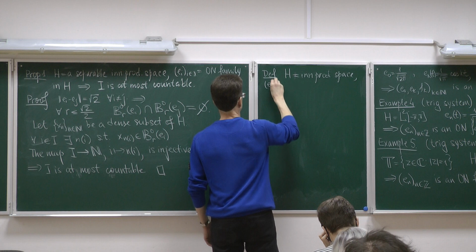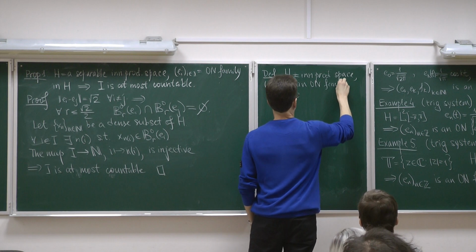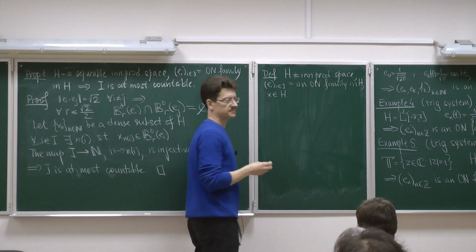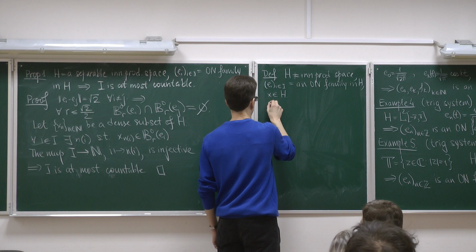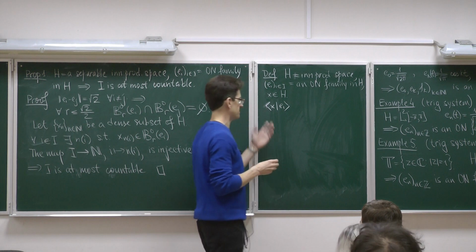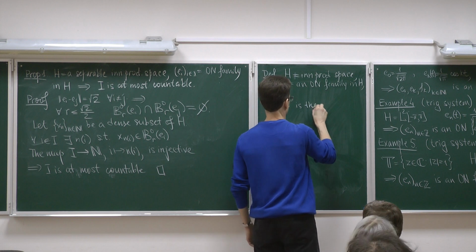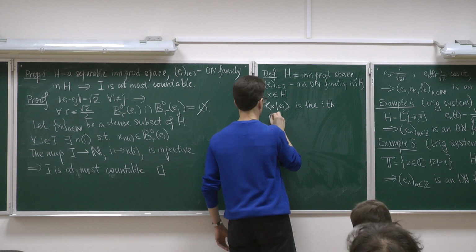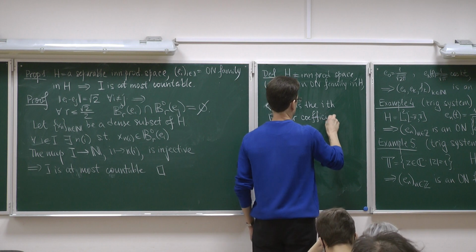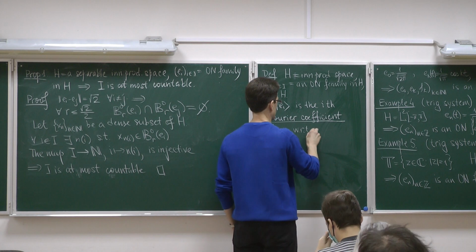Suppose that e_i is an orthonormal family in H, and let x be a vector in H. Then the inner product of x and e_i, which is a complex number, is called the ith Fourier coefficient of x with respect to the family e_i.